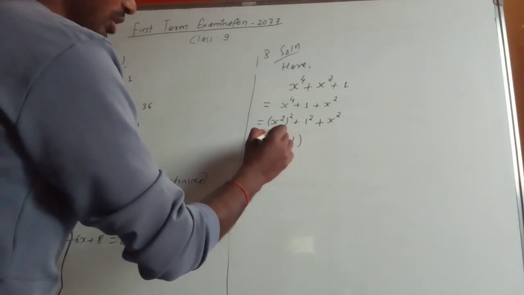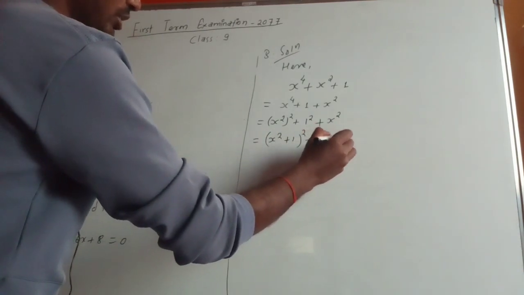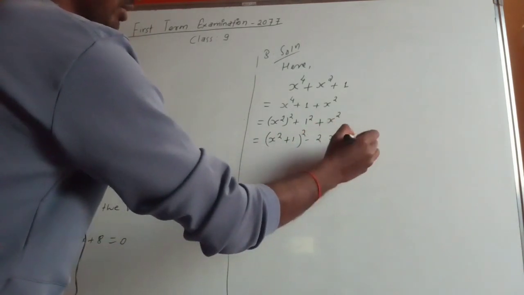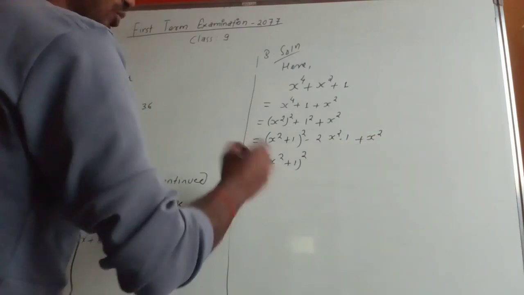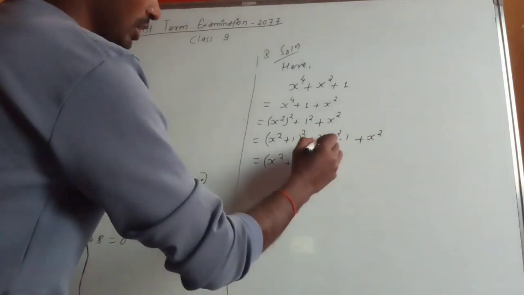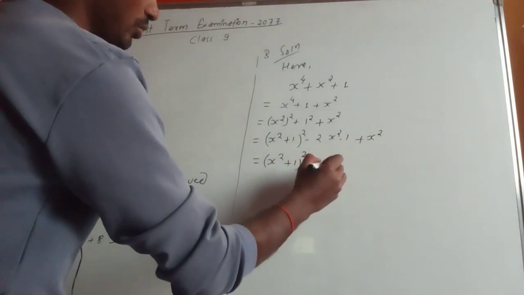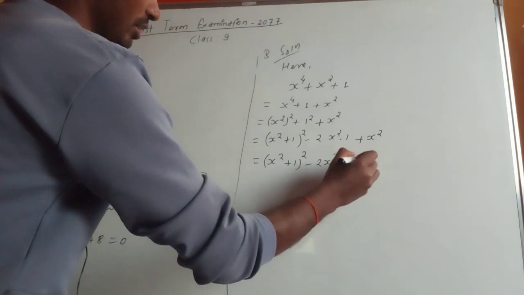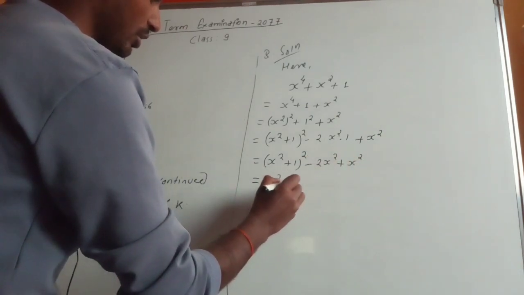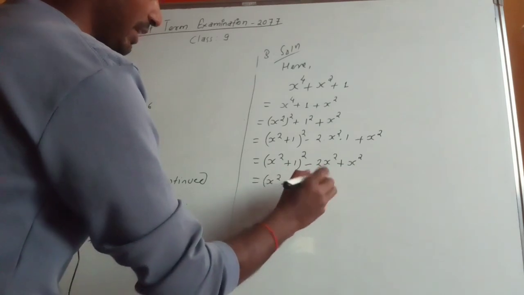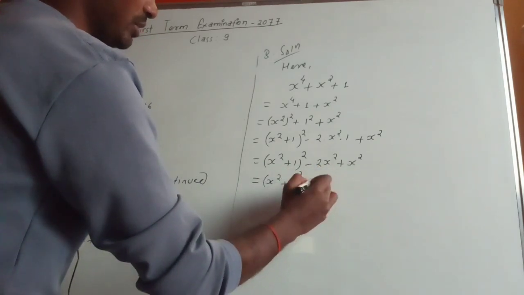So x square plus 1 whole square minus 2 times x square times 1, which is 2x square, plus x square. That gives x square plus 1 whole square minus 2x square plus x square, which is minus x square.